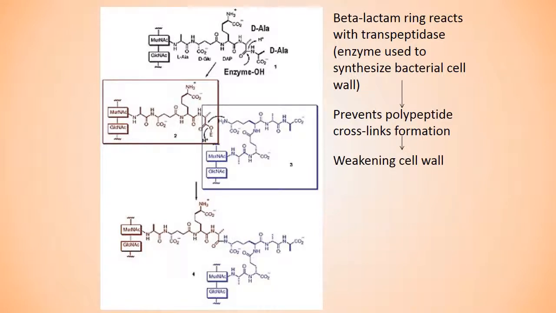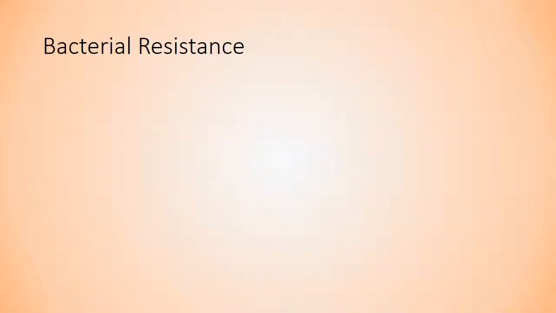When it weakens the cell wall, the bacteria become much more vulnerable to any changes in their environment. The cell will die at this point and burst, because it could have an influx of water and a lot of physiological changes occurring, and that is how we kill it.